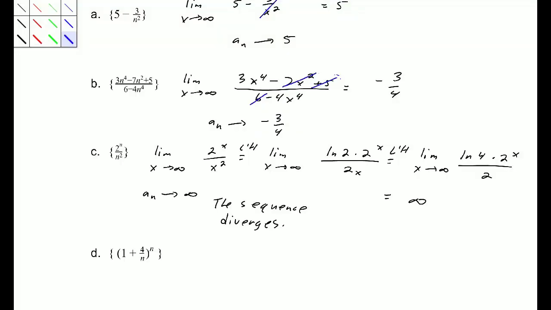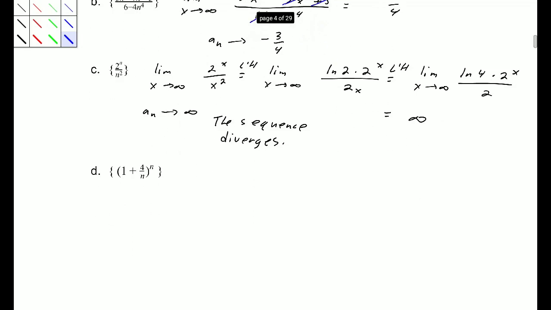For part D, we notice that this is actually of the form 1 to the infinity, as the inside portion is going to 1. So we are going to have to modify this just a little bit. Let's first take the natural log.